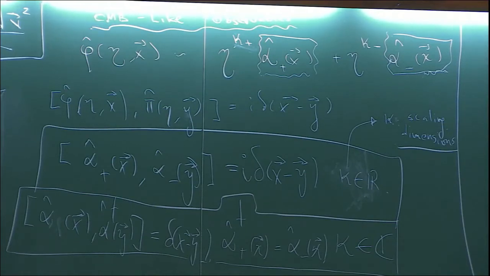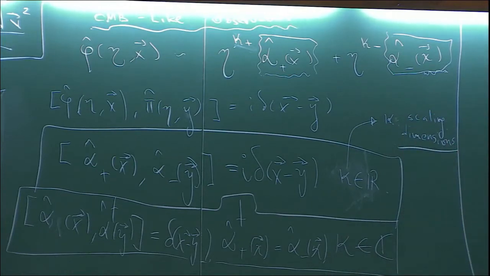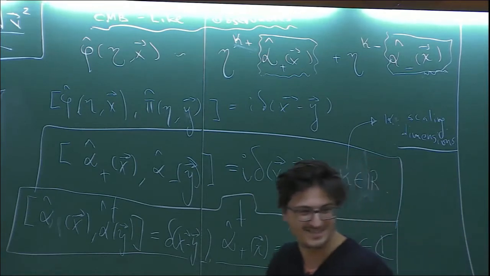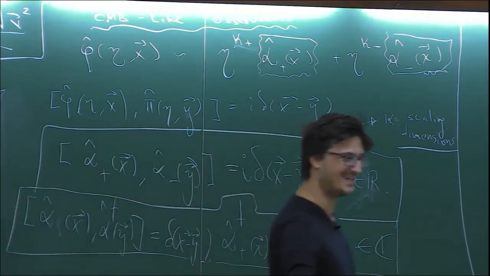Or that the bra and the ket are living on different sides of the Euclidean space. The reason we do that is because we want to mimic the hermiticity conditions of the Lorentzian theory and its unitarity. And this is why Euclidean tau goes to minus Euclidean tau.